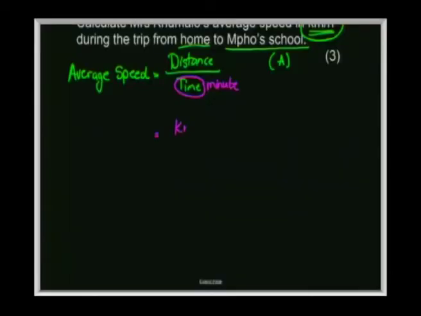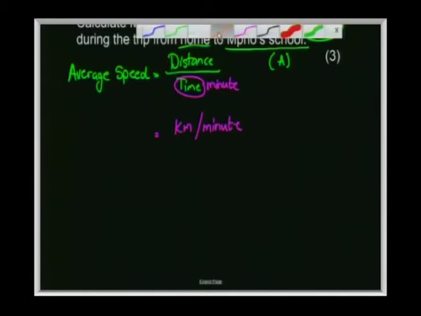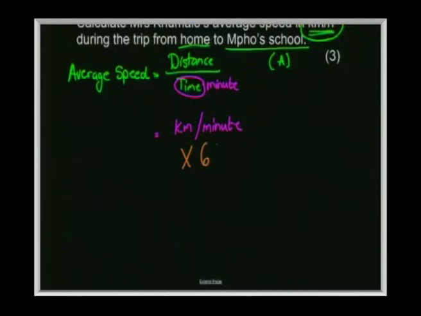I hope you remember from our previous example that once we work out the speed in kilometers per minute, we then have to multiply by 60 because there are 60 minutes in 1 hour.